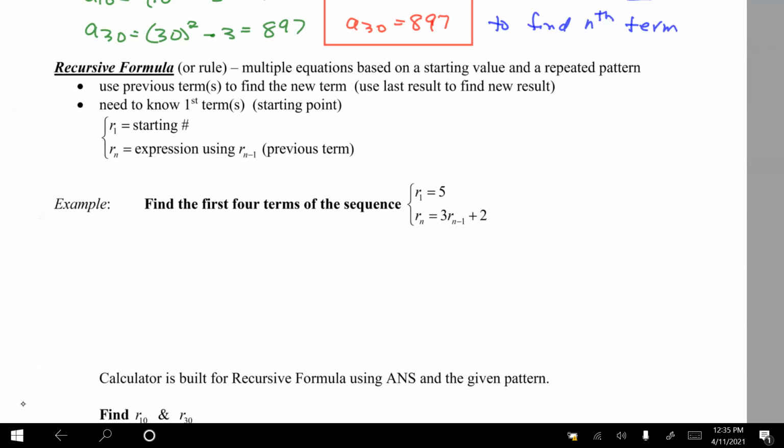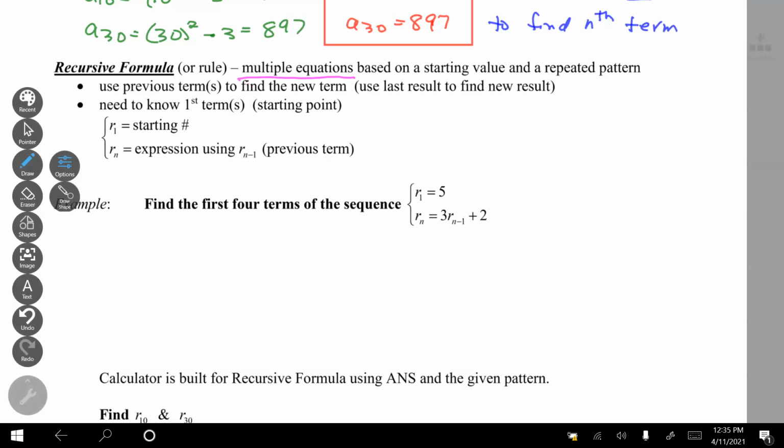We're going to show it on the calculator too, but it's multiple equations based on a starting point. You need to know a starting point and a pattern. And the idea is that it's called recursive because your last result that you just got will recur to refine the new result.